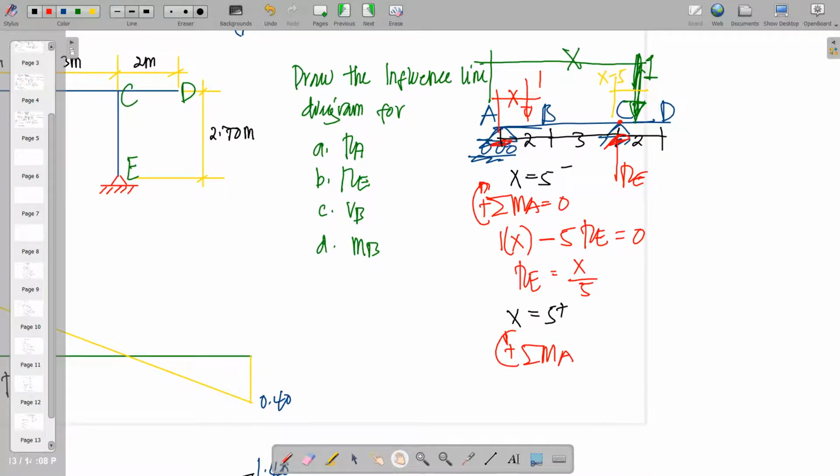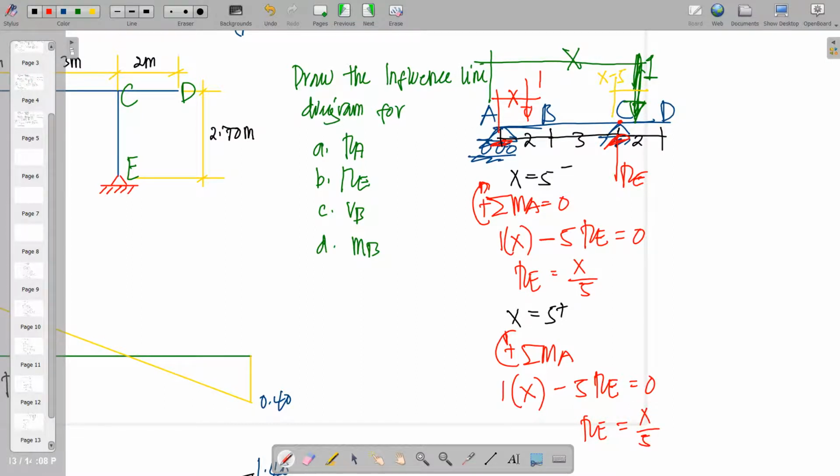We have 1 by x minus 5 RE. So anyway, we have yielded the same equation all throughout the beam.